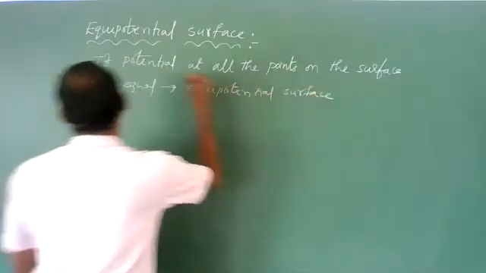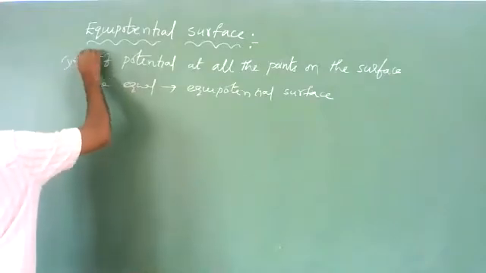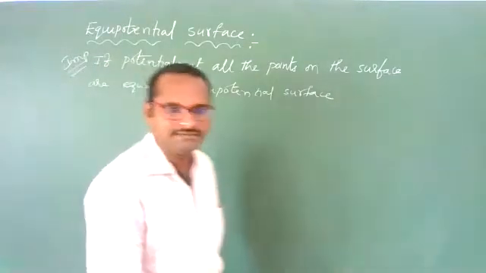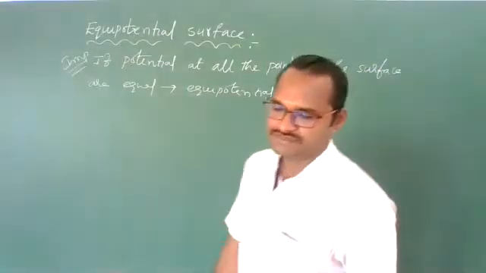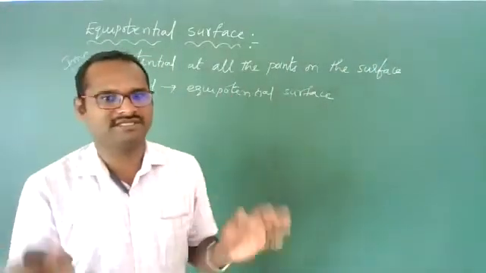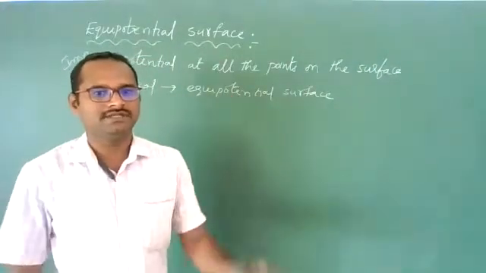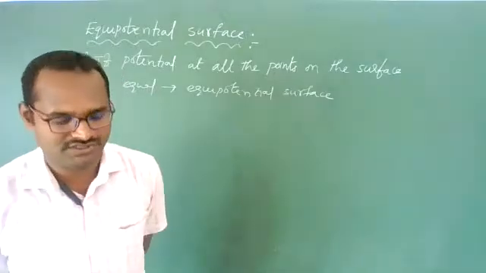Yes, the definition is important for your board exam. They may ask you, remember. If you consider one surface, at each and every point on that surface, potential should be the same, and that surface is called an equipotential surface.